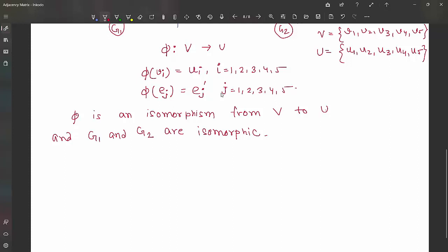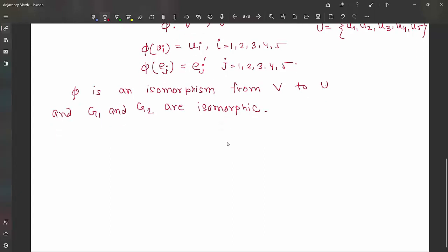So now whenever there is some problem, you have to remember how to check this isomorphism and how to write down the solution of the problems.